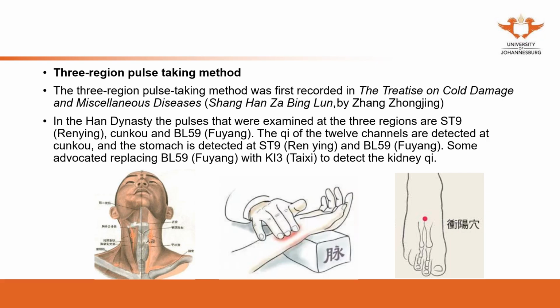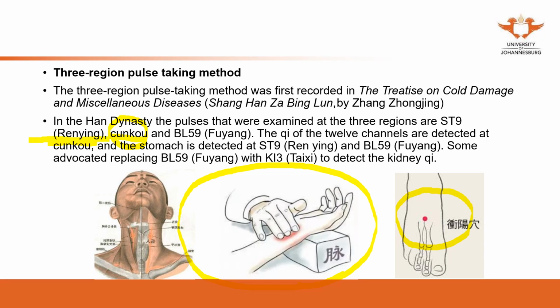But in some critical conditions, if the patient is in severe condition and you can't feel the pulse from cun kou, you can also use the Renying pulse, the Chongyang pulse, or the Fuyang pulse.